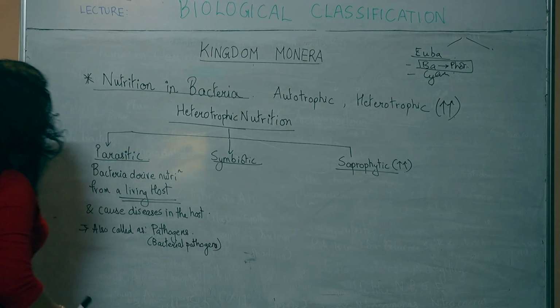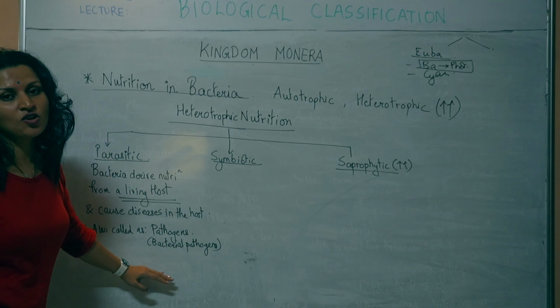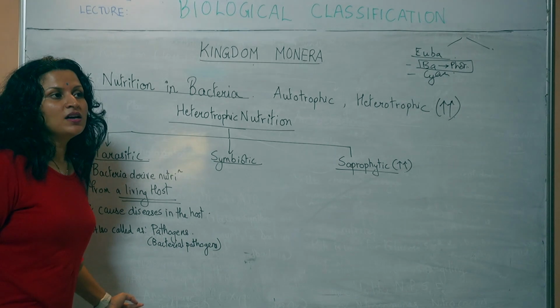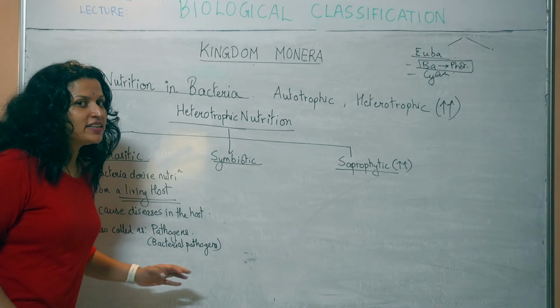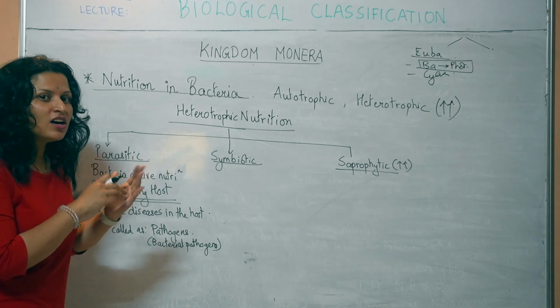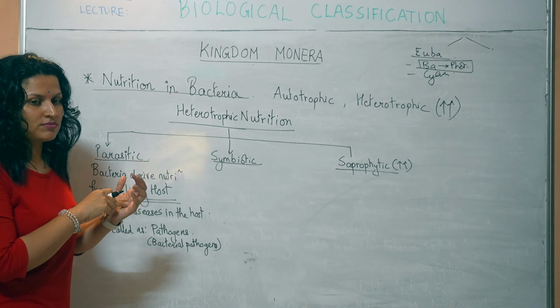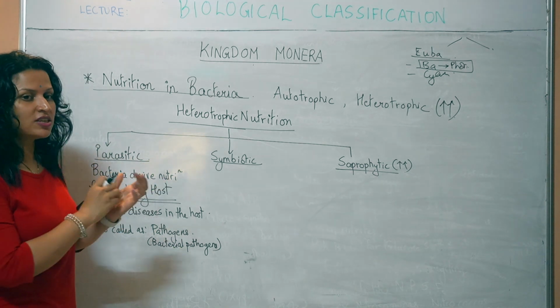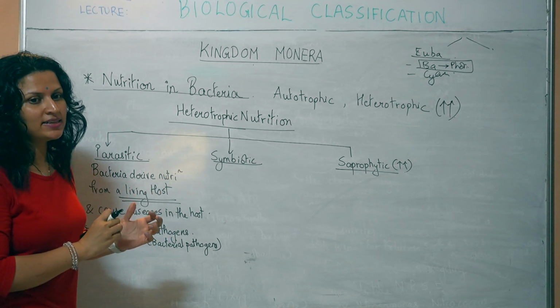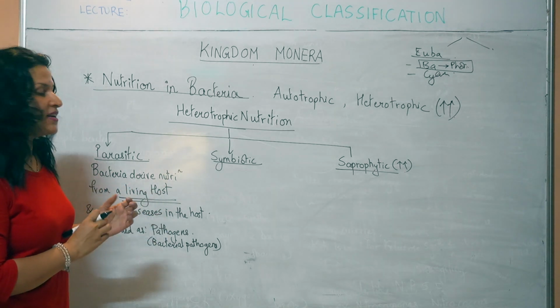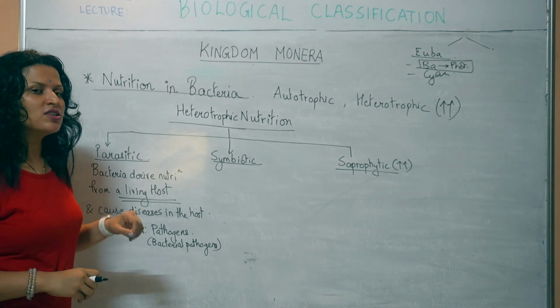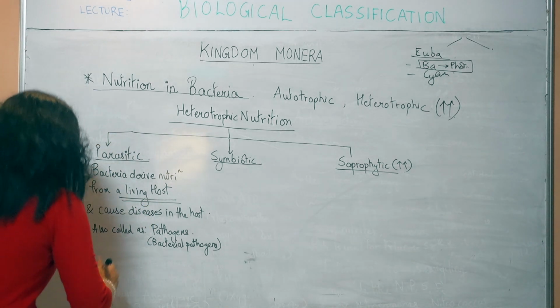They cause diseases in the host. For example, Vibrio cholerae cause the disease cholera in the living host. And it just keeps on drawing the nutrition. It's a parasite, it's a pathogen, that kind of heterotrophic nutrition, and causes diseases in the host.